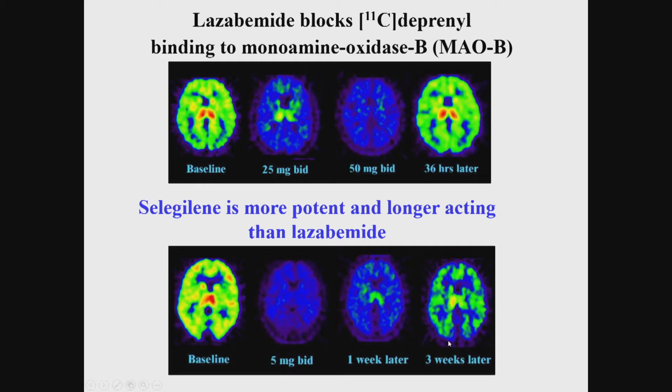Well, the reason for that, by the way, is that lazabamide is a reversible inhibitor. It binds to MAOB and binds and comes off. And when it's binding, it blocks the binding of the radioligand C11 labeled Deprenyl. In contrast, selegiline is an irreversible inhibitor. It's a suicide substrate. When it binds, it also covalently binds to MAOB.